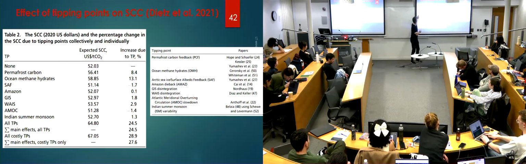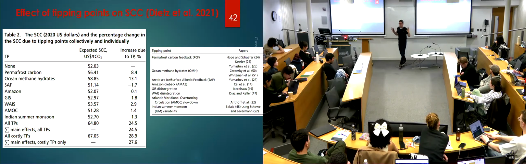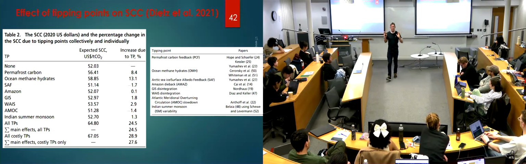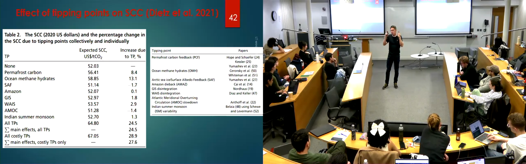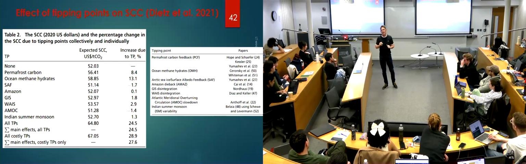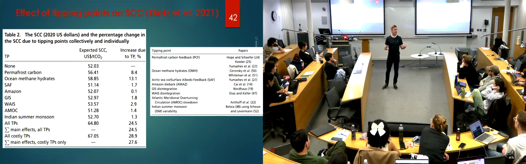The other big one is ocean methane hydrates. There's not much to do about this. We understand it very badly, but there is an enormous amount of, we could call it, frozen methane in the deep surface of the oceans. And if we were to mess with that, it's very bad.